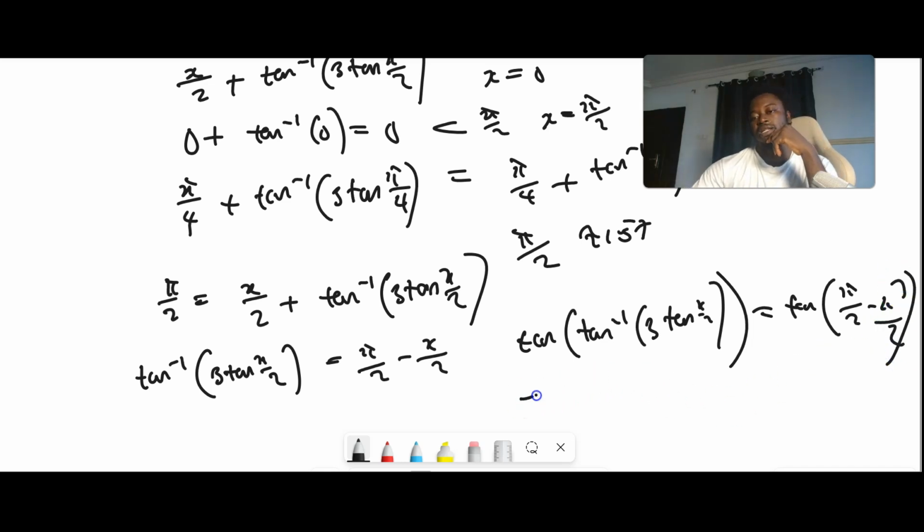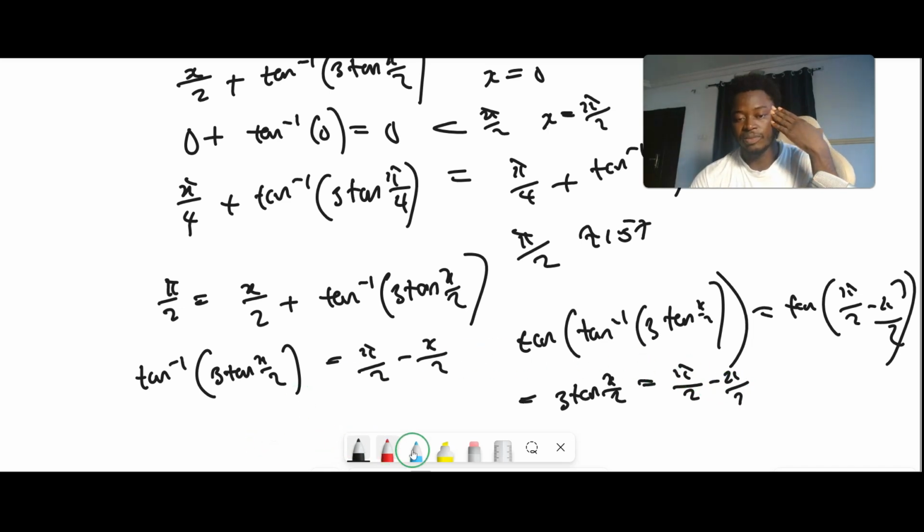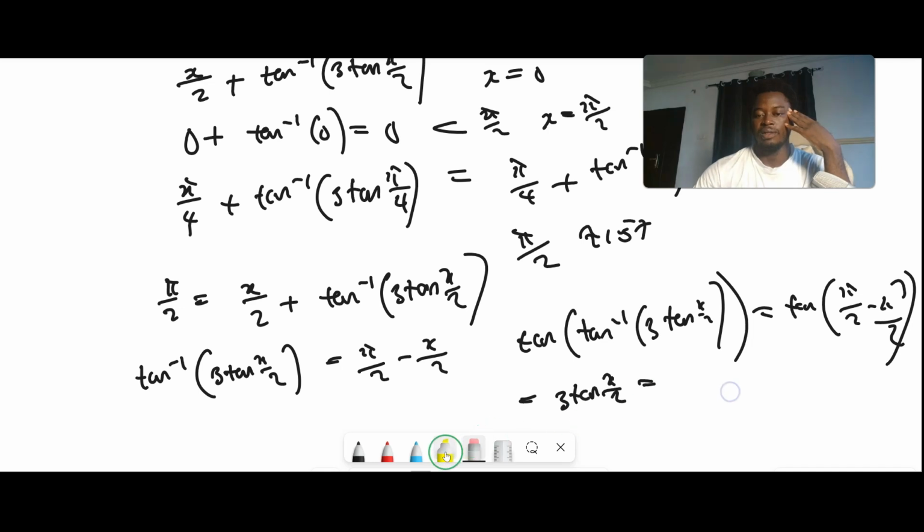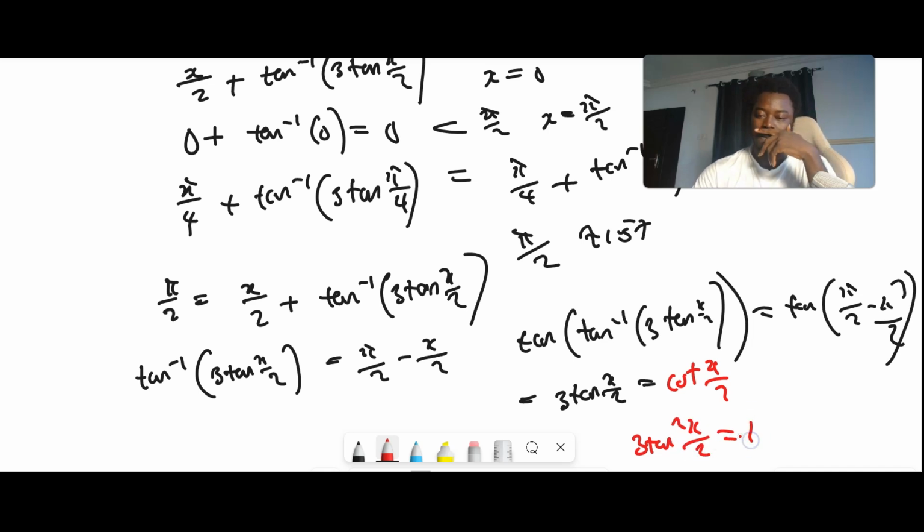So no, tan of pi over 2 minus x over 2 is cotangent of x over 2. Now that means 3 tan squared of x over 2 would be equal to 1.